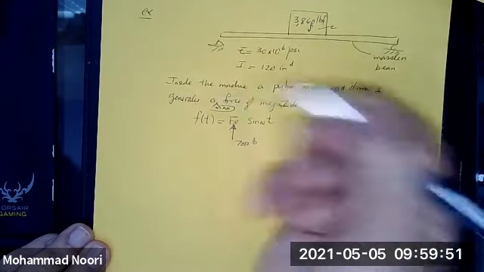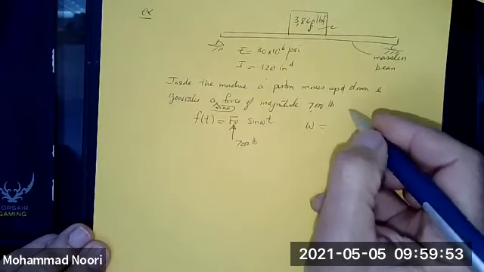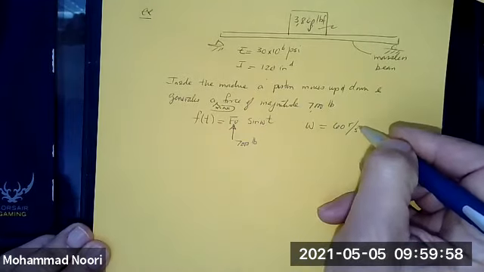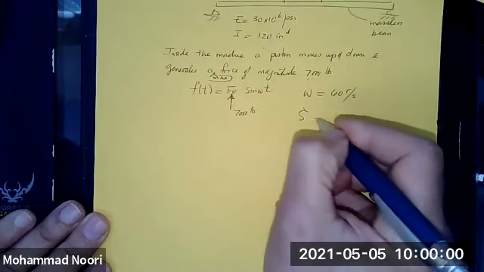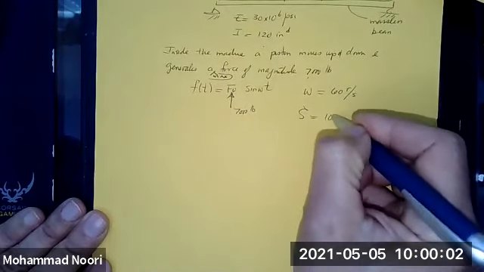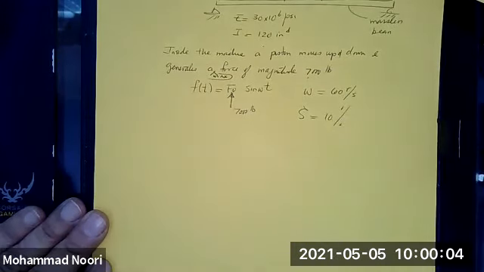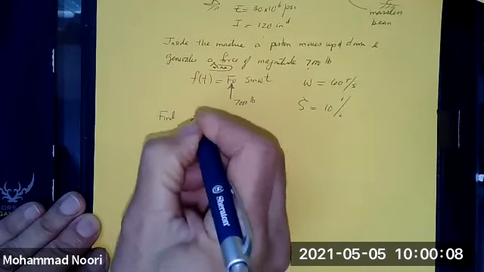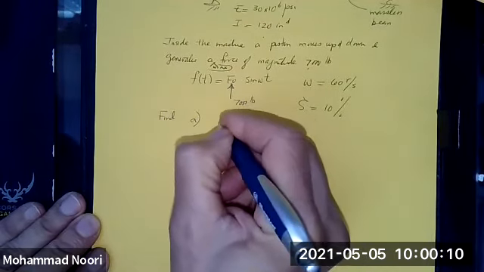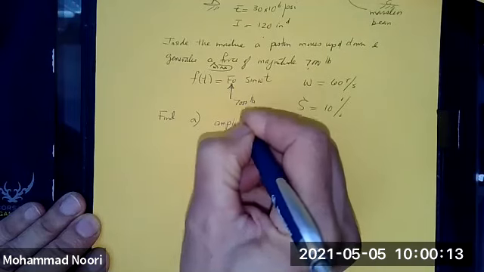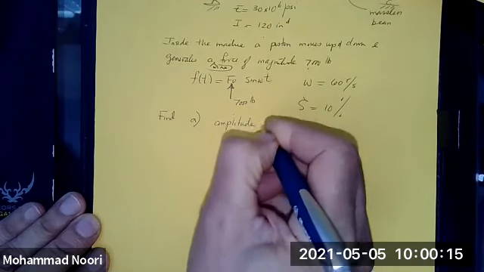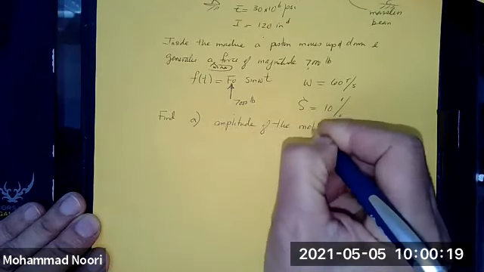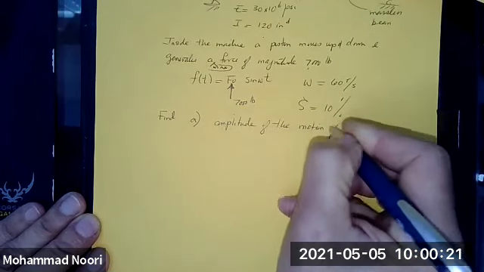Omega, which is the frequency of this motion, is 60 radians per second. And the damping ratio of the system is 10%. We want to find A, the amplitude of the motion of this machine.